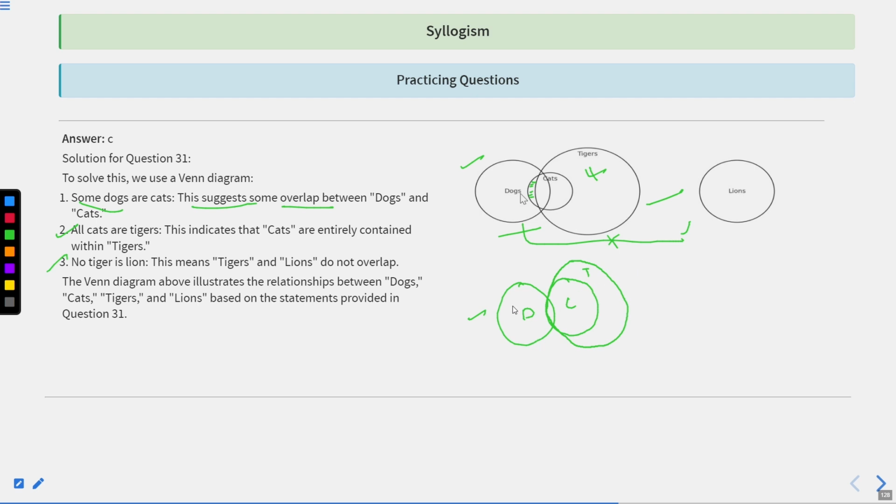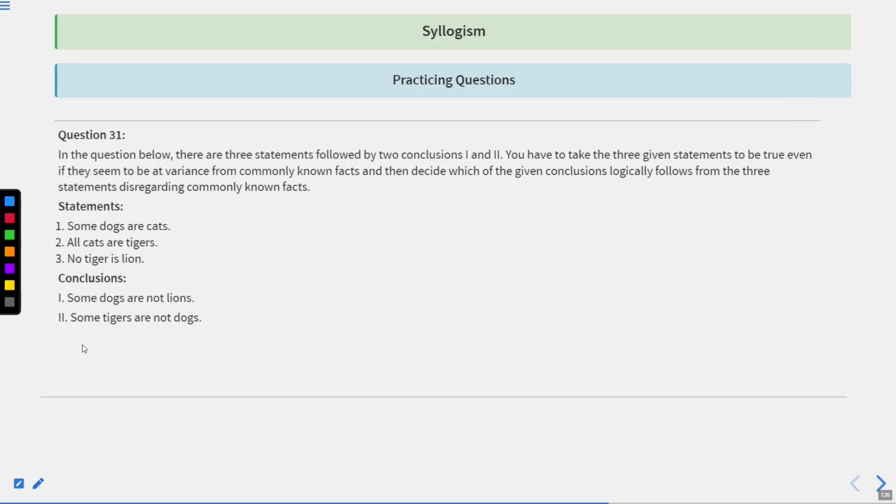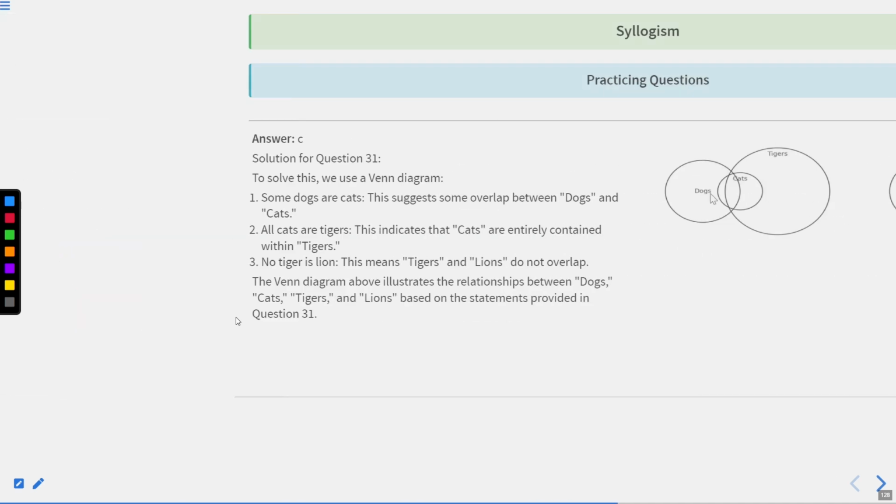So now, if you look at this particular statement, what it is saying is some dogs are cats. There are some dogs which are cats. In the same manner, it is asking whether some tigers are not dogs.